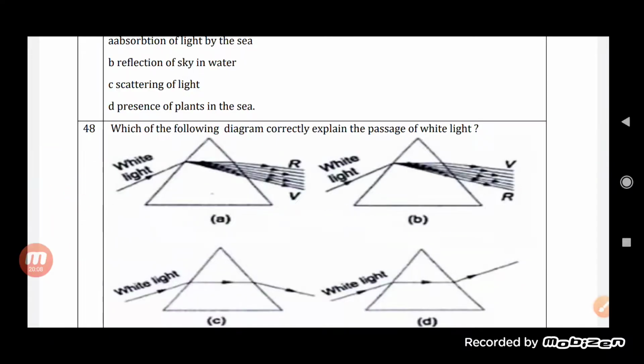So as you can see, the correct option will be A, students, in which you will find that dispersion of light takes place and all seven colors are formed when white light passes through the prism. Okay, so the correct option will be A.